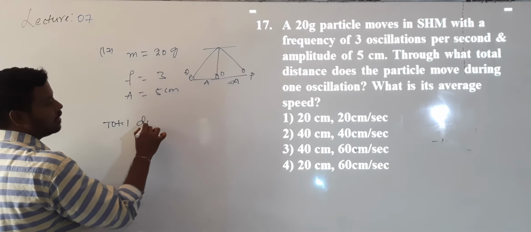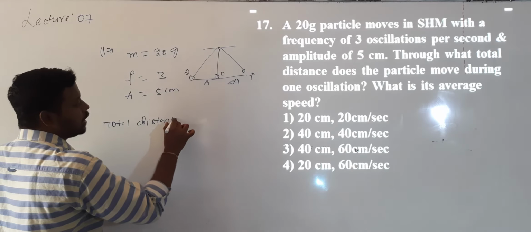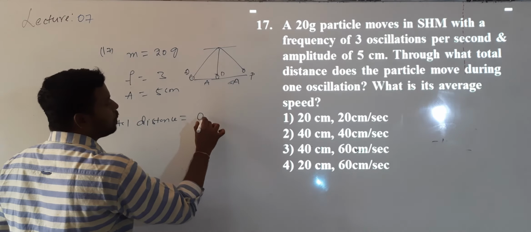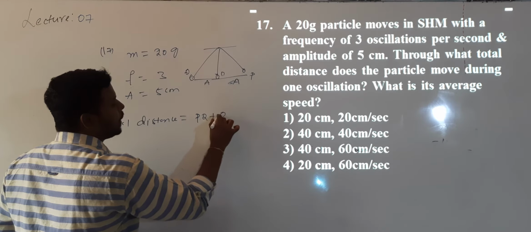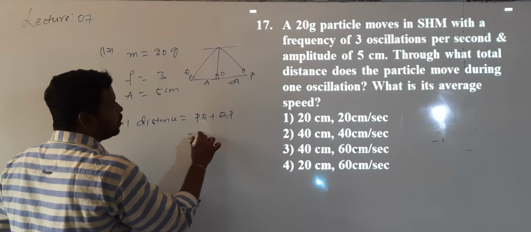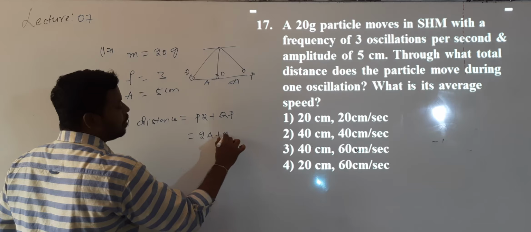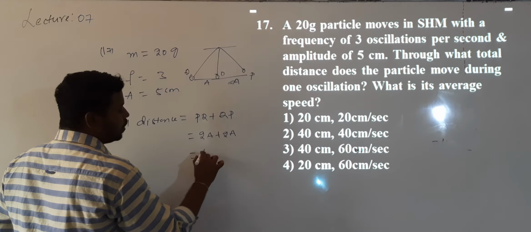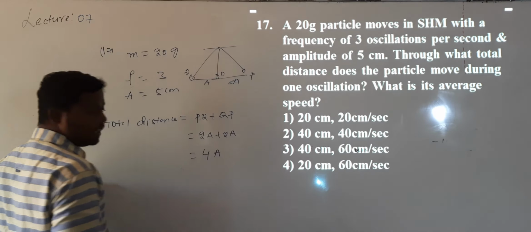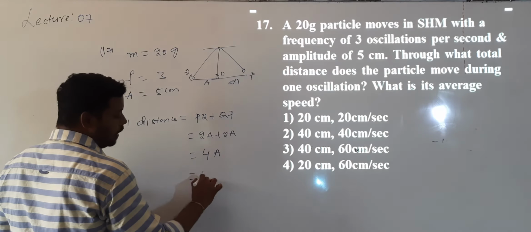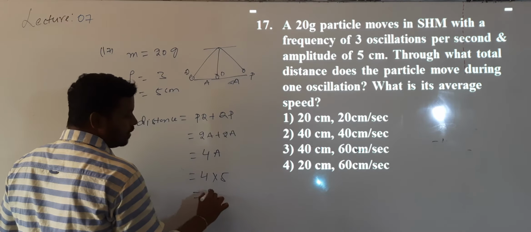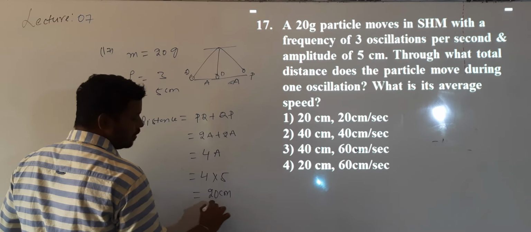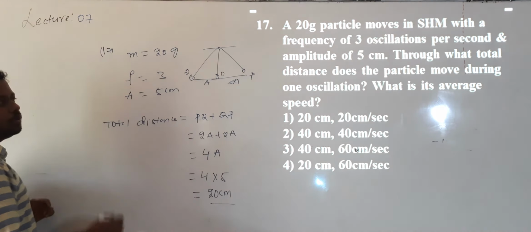Total distance is PQ plus QP. PQ value is 2A plus QP value is also 2A, which is 4 into A. Understood? So 4 into the amplitude, given as 5 centimeters. So 4 into 5 is 20 centimeters. So the total distance is done.